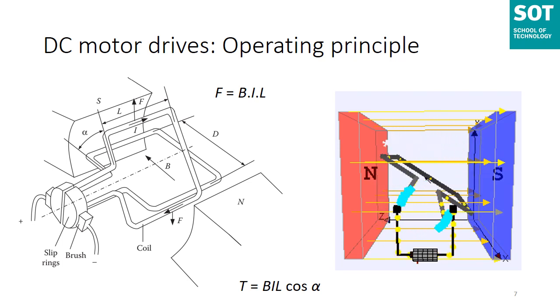This magnetic force F is proportional to the length of the wire L, the magnitude of the electric current I, and the magnetic field density B. Hence the expression F = B × I × L.